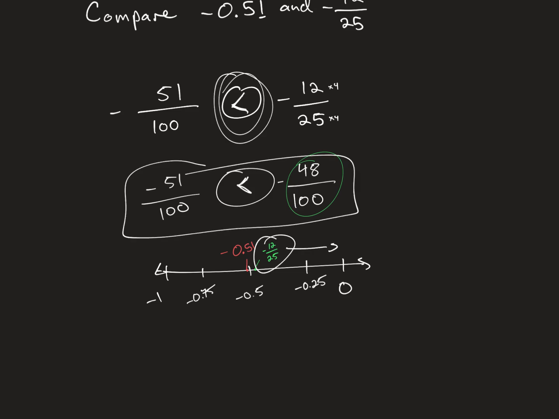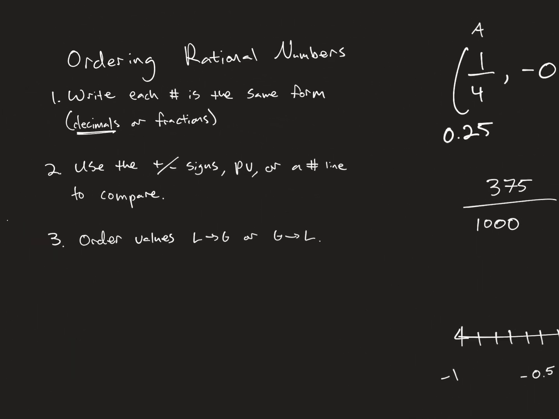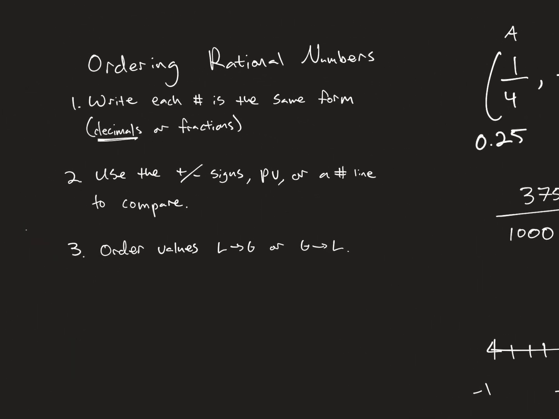That same tip is going to carry on all throughout these, whether we're ordering or comparing. What we want to do when we're ordering rational numbers is make sure we're writing in the same form. Preferably, we would want to convert to decimals because it's a little bit easier to make sure everything is using the same denominator.